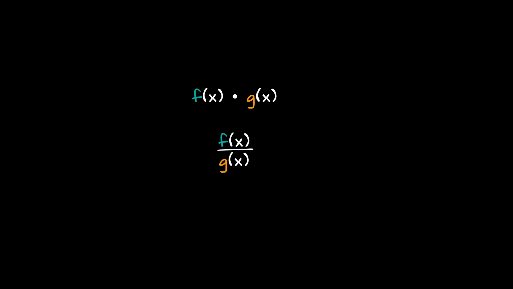Indeed, since division is just another side of multiplication, or if you like, the inverse operation to multiplication, it is also possible in the same way to take two functions and divide one by another. An operation which is well-defined as long, of course, as the denominator, g of x, is not equal to 0.